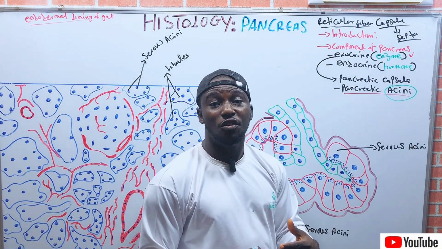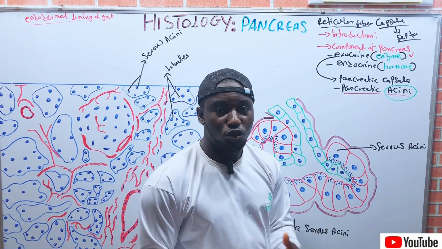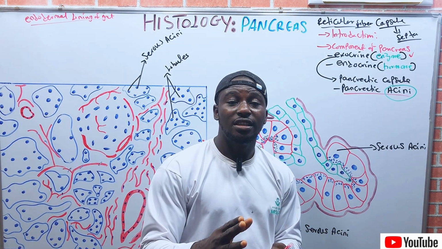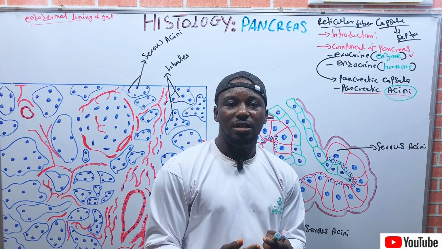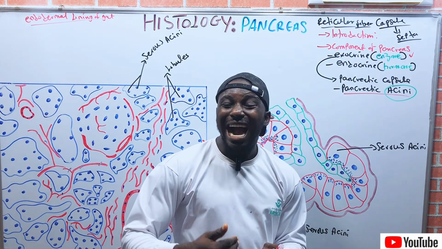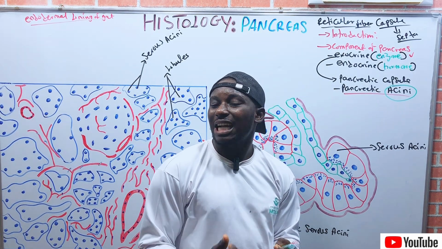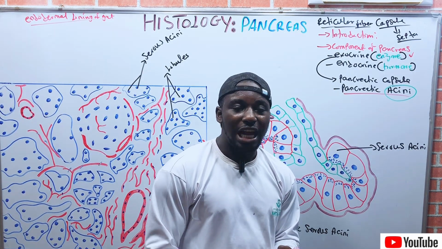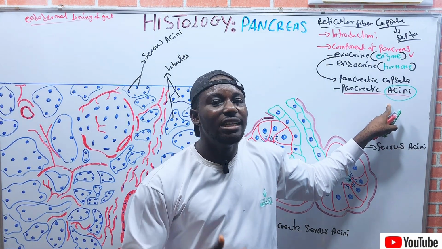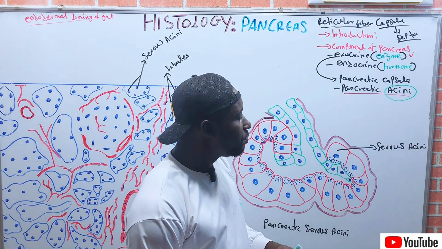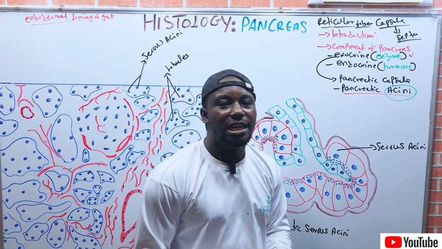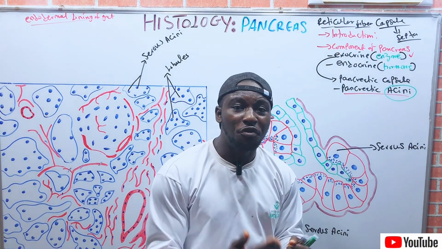The pancreatic juice contains the enzymes, the proteolytic enzyme, the amylolytic enzyme, and the lipolytic enzyme. Those enzymes that digest carbohydrate, fat, and protein are produced from the pancreatic acini cells of the pancreas, right? And also, the pancreatic acini are usually highly basophilic in nature.